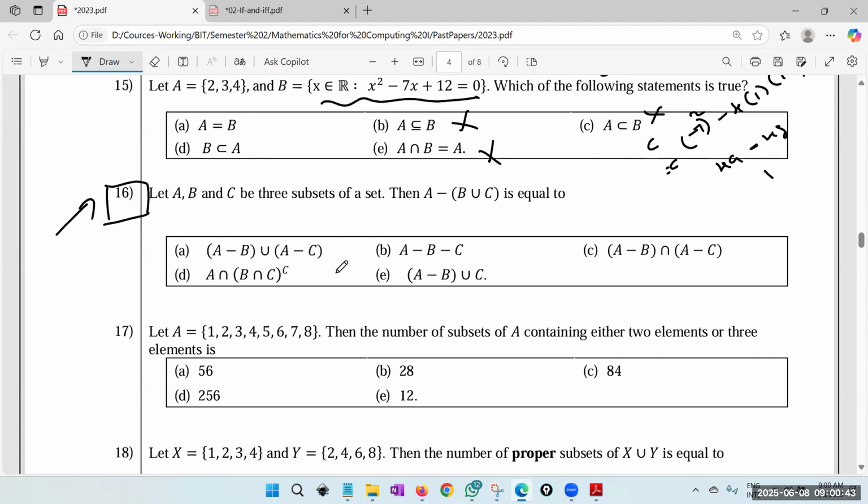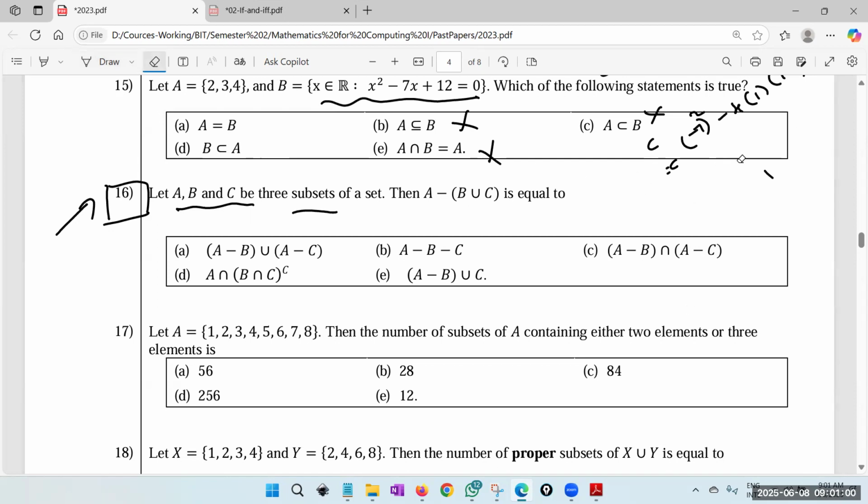This subject. Okay. Right. So let A, B, and C be three subsets of a set. Then A minus B union C is equal to. Now remember, A, B, and C are three subsets of a set. Let's say that set is our universal set.